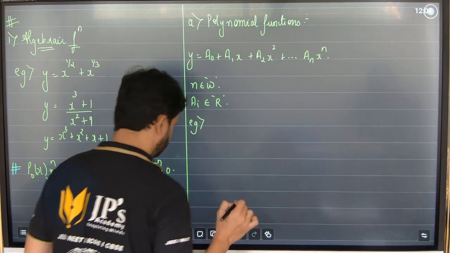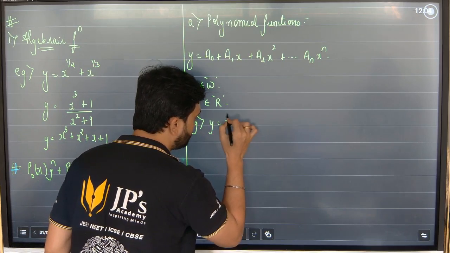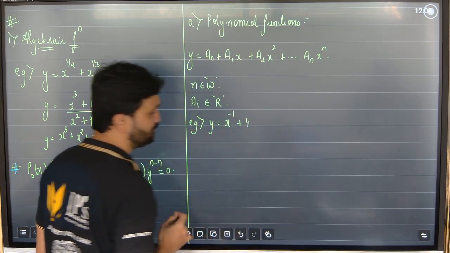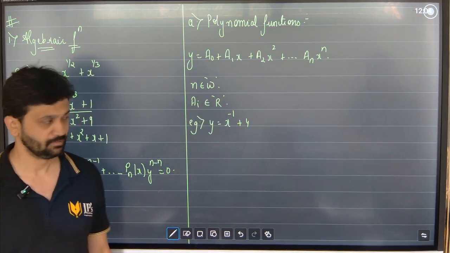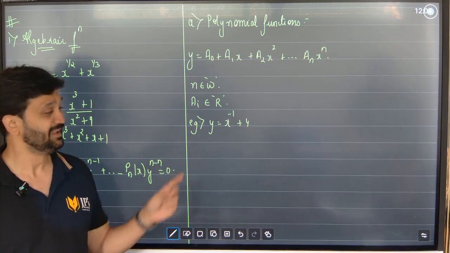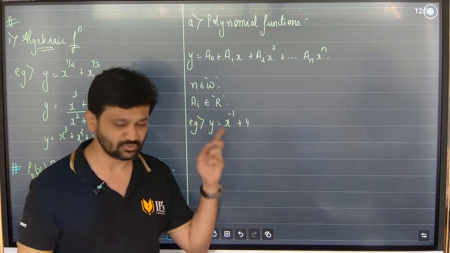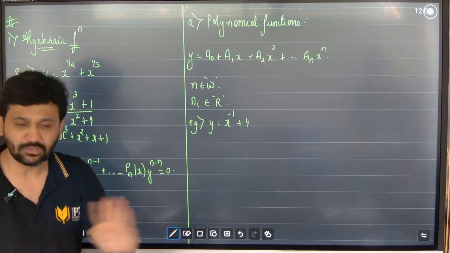Example: y is equal to x raised to minus 1 plus 4. Now they have said that n belongs to whole numbers, but minus 1 is not a whole number, and since minus 1 is not a whole number, this is an example where it is not a real polynomial.